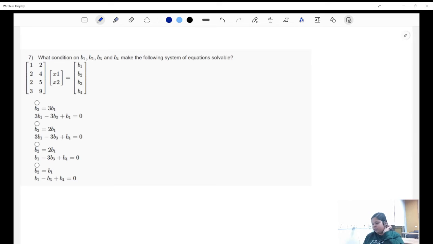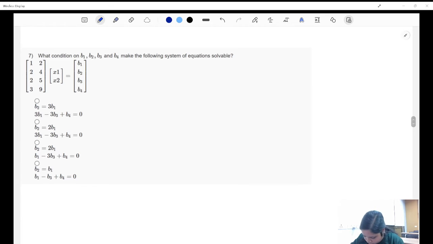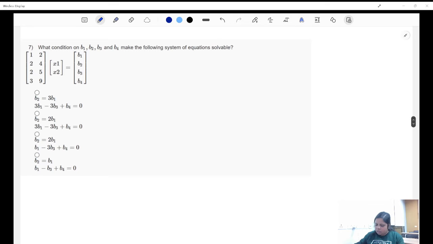What condition on B1, B2, B3 and B4 makes the following system of equations solvable? Do you know what an augmented matrix is? Does anyone know? You have an equation AX equals B, right?